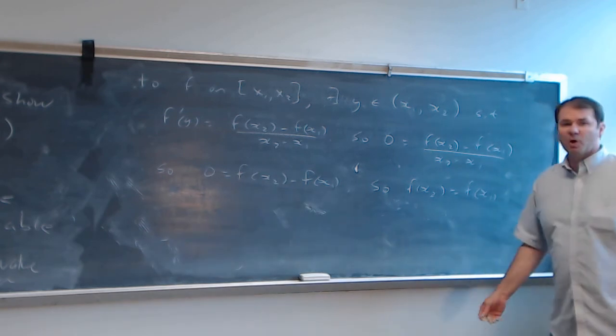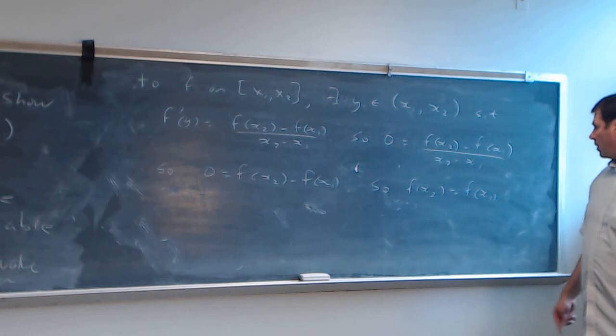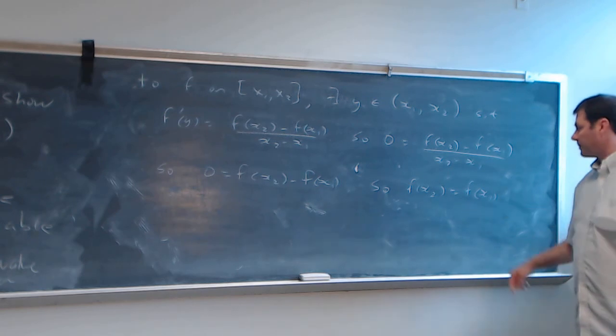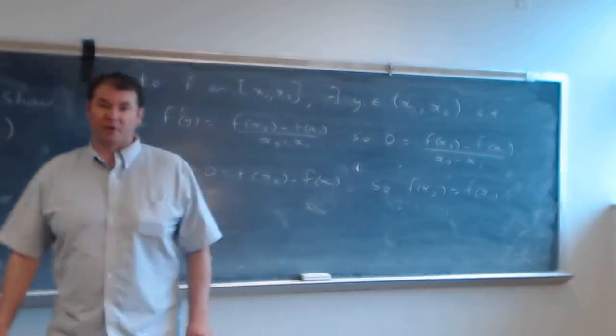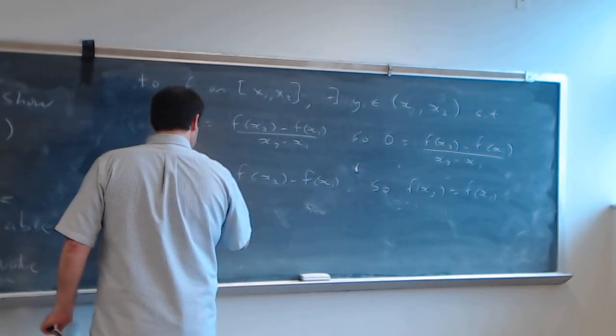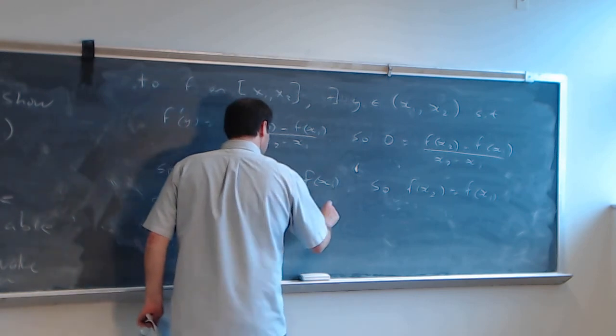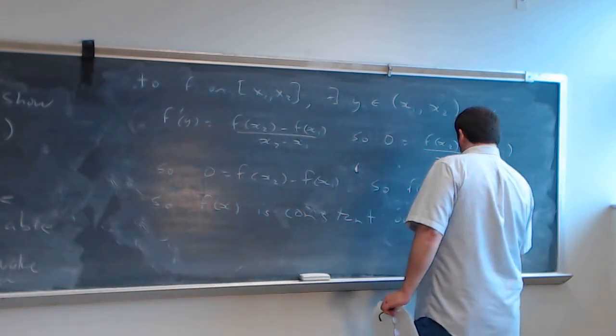Now, x of 2 and x of 1 were just arbitrary numbers in A to B, and we showed that f of them are equal to each other. Since these values were arbitrary, f of x is constant on A to B.